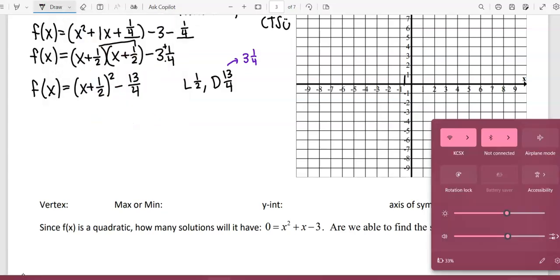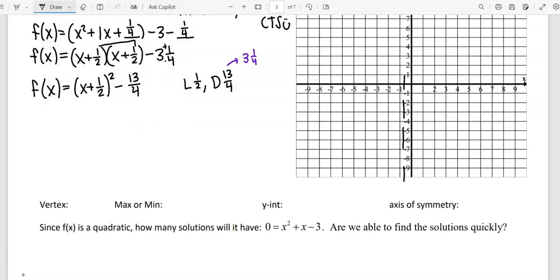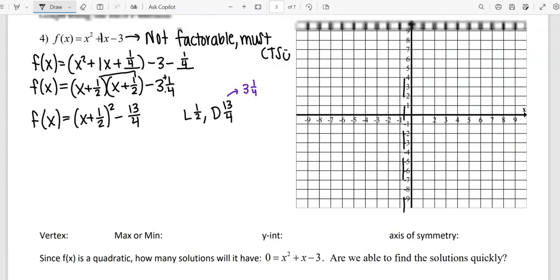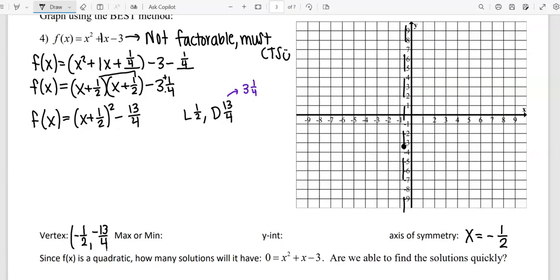So left 1/2, that's where your axis of symmetry is going to go. And axis of symmetry is x equals -1/2. I'm filling it in on the bottom as I go. If I go left 1/2 and then down 3 and 1/4 of a square, that makes my vertex -1/2, -13 over 4.